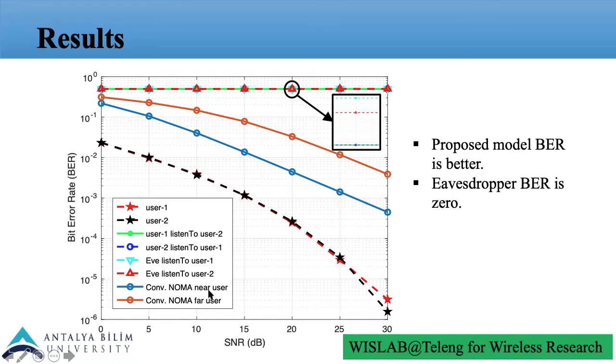And you can also see the conventional NOMA that we talked about. In conventional NOMA, we pair users, far user and near user, a user who has a good channel and a user who has a bad channel. You can see that this is their performance. And you can see that the performance of this proposed model is much better compared to the conventional NOMA. So in this graph alone, you can see that the system that we proposed has big advantages compared to what is found in literature.